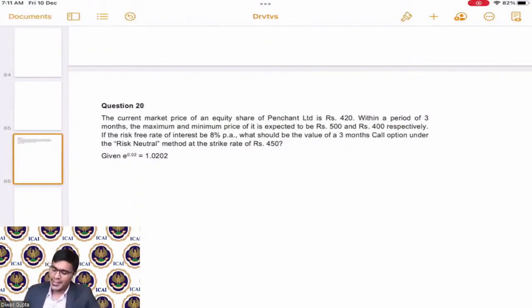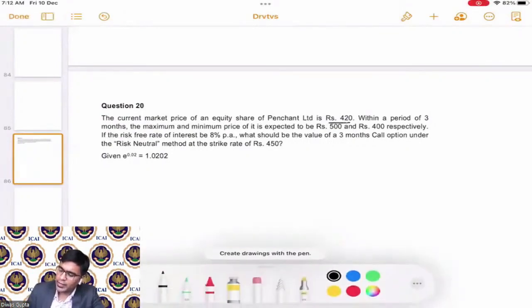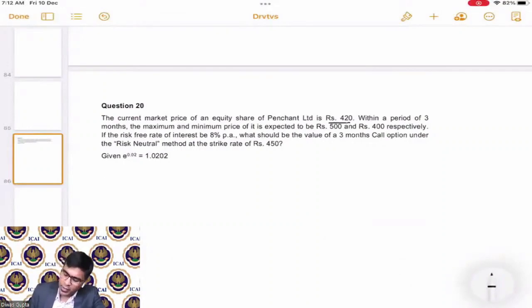Question number 20 says the current market price of an equity share of Penchant Limited is 420. So they are saying that the spot price is equal to rupees 420 within a period of 3 months. So the time is equal to 3 months.